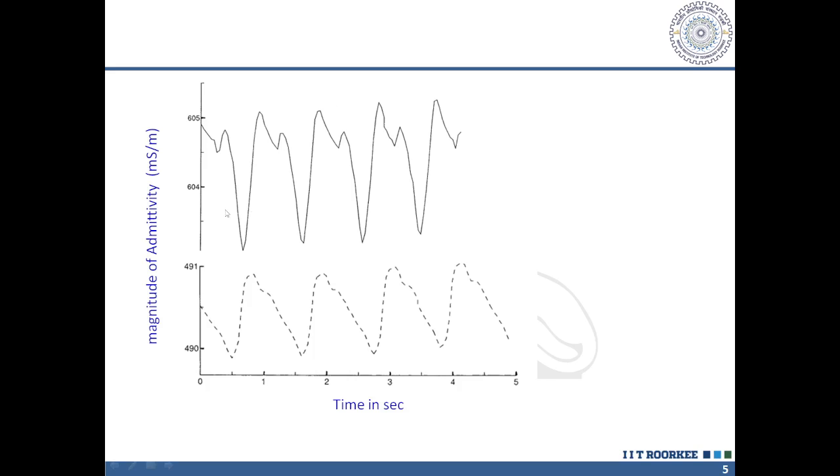I put this slide to show that when the admittance of the heart is decreasing because the ventricles are contracting, at the same time admittivity is increasing on the lung side because the blood is coming from the heart to the lungs.